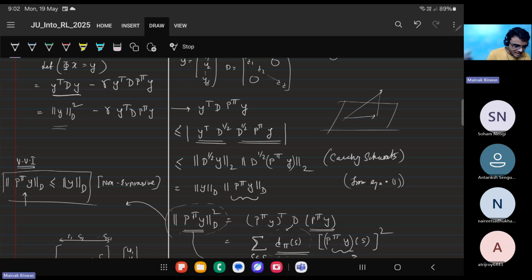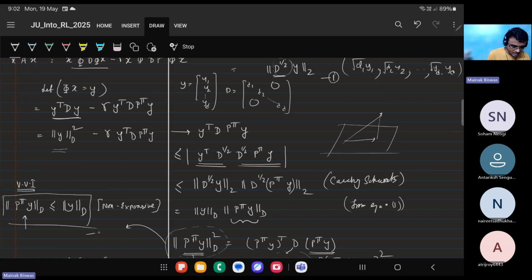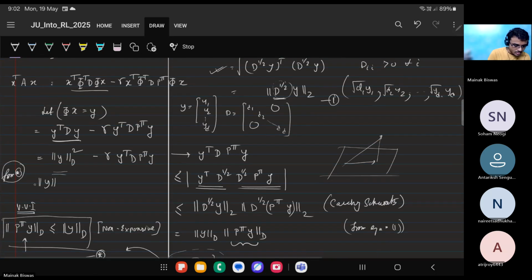Okay, so we can replace this equation. Say we write this as equation star. From star, we will write this as, so this term is, tell me what this is going to be. We have already derived this. This term is going to be, yes or no?